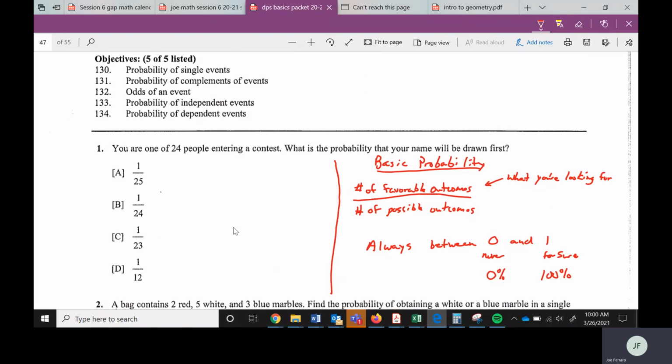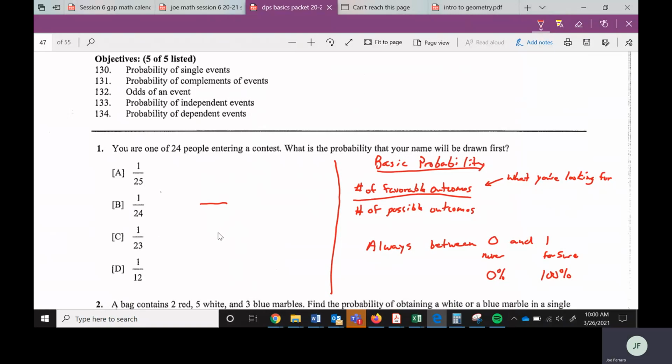Number one says, you are one of 24 people entering a contest. What is the probability that your name will be drawn first? A lot of times when I do this, I look for the bottom number first. What's the total possible things here?